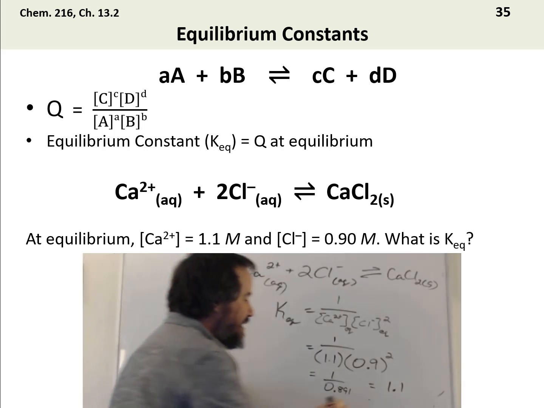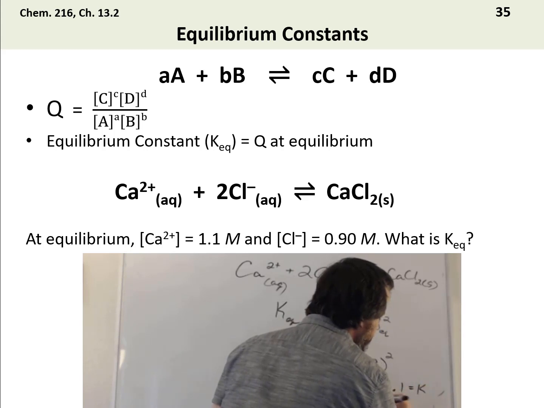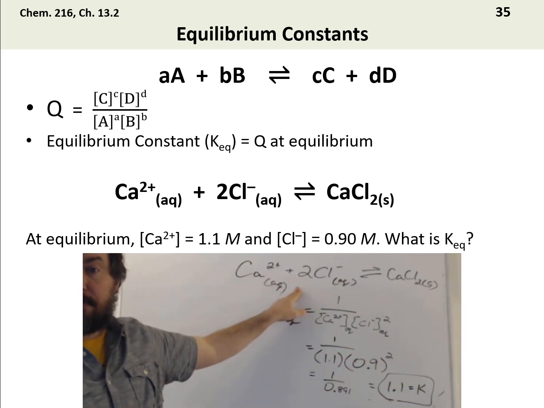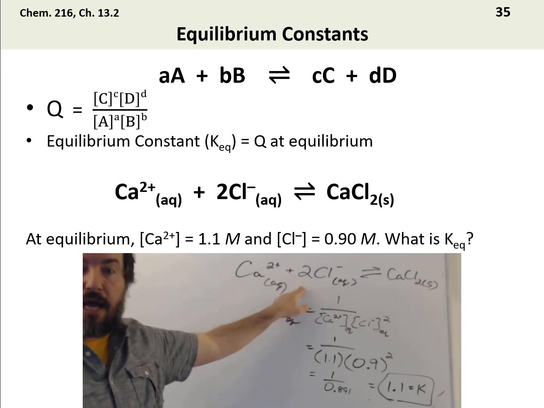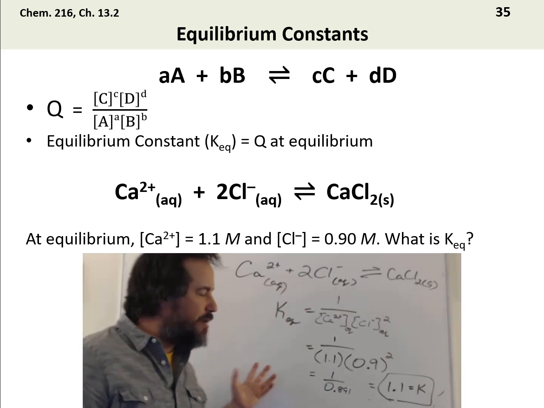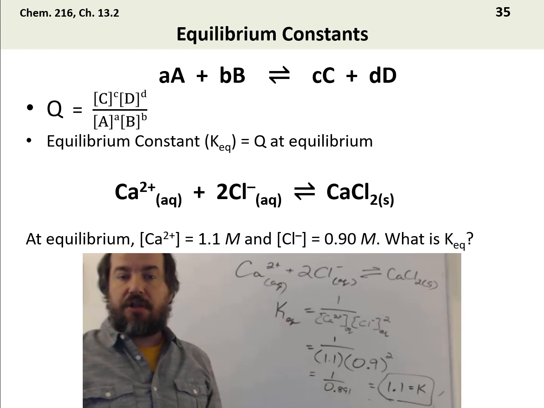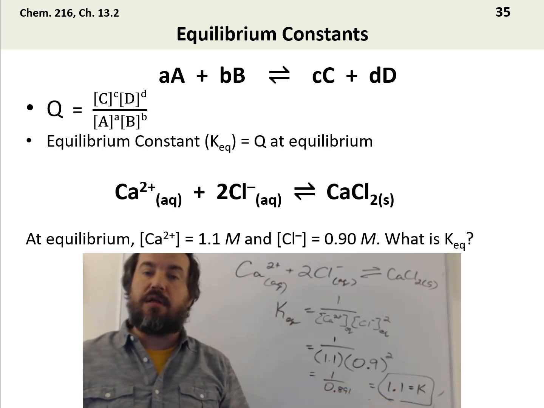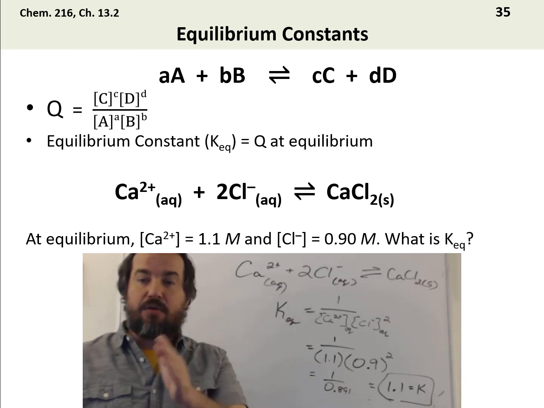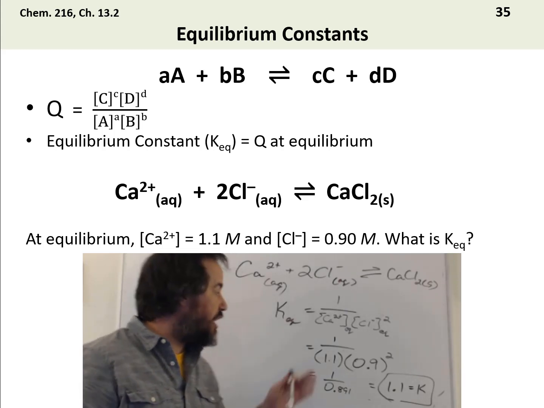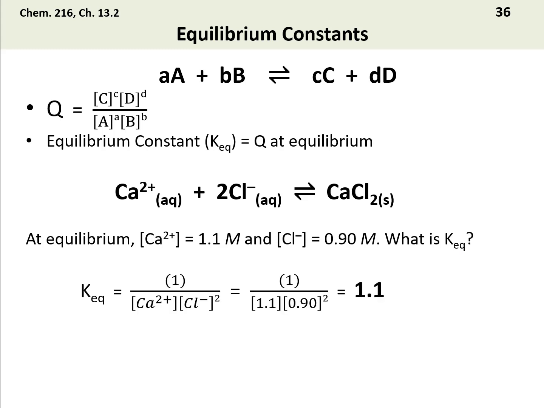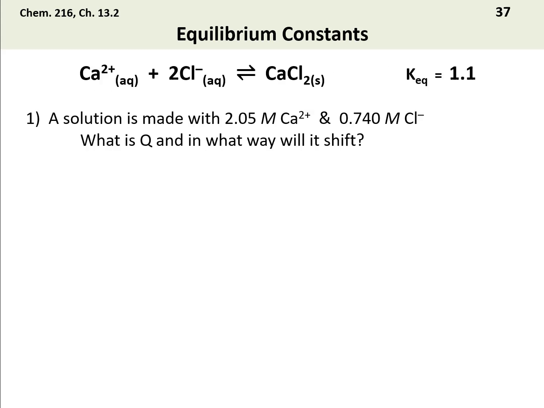So this is the equilibrium constant for this equation. Notice it was the same step that we did to calculate Q. The difference was we were told these were at equilibrium. So at equilibrium, we do the same equation and we get K. There we have it on the board.